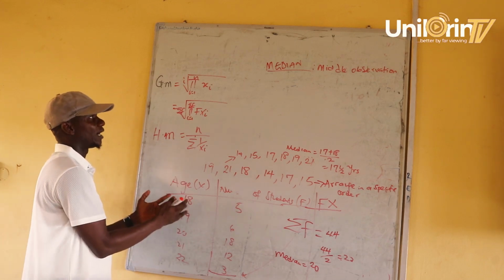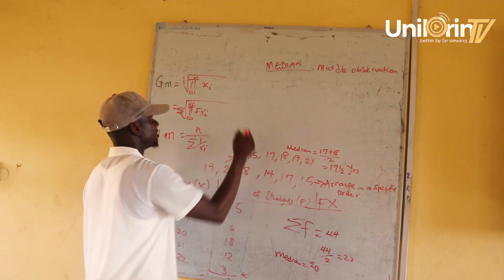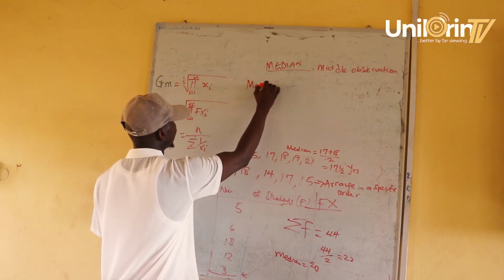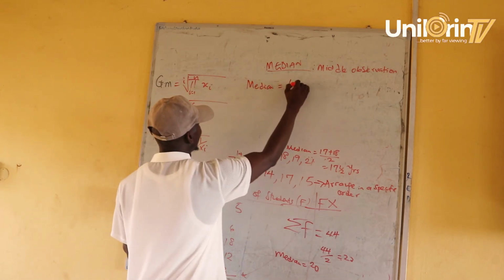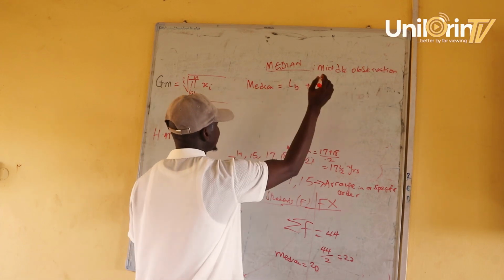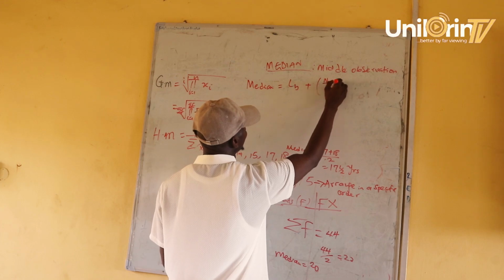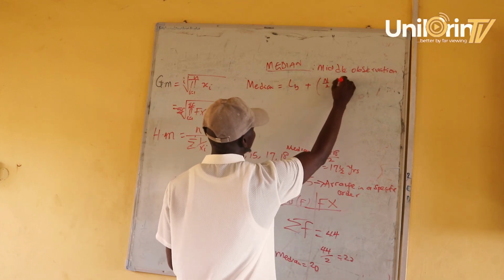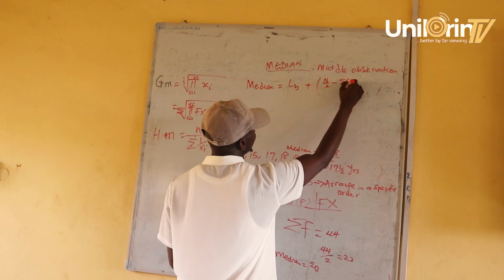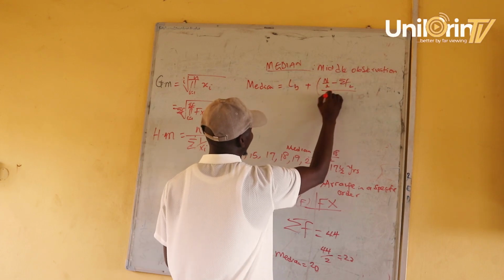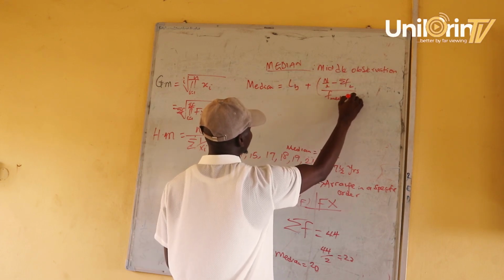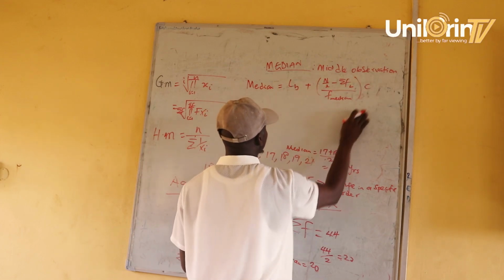If we now have that kind of situation, group frequency data, the median is LB plus (N over 2 minus summation F subscript N) divided by F median, multiplied by C.